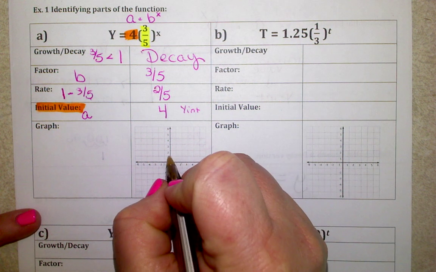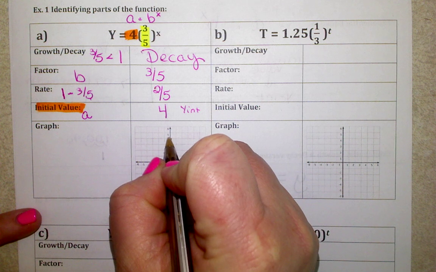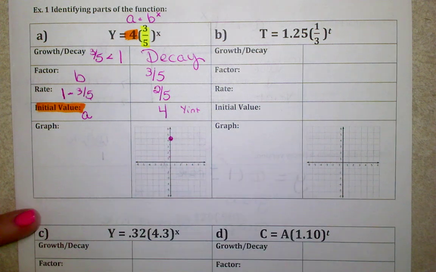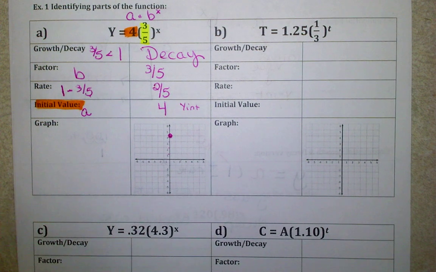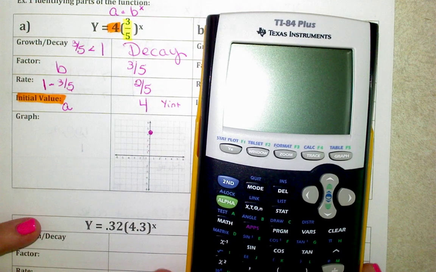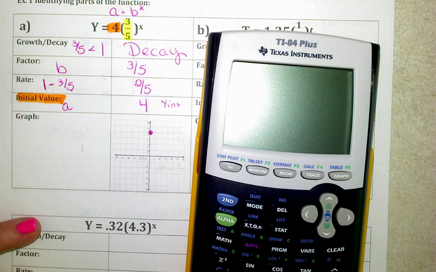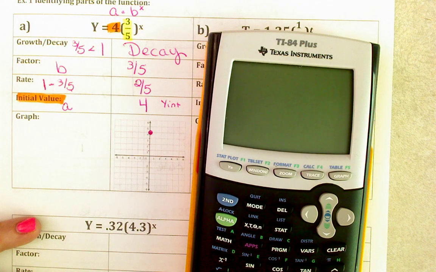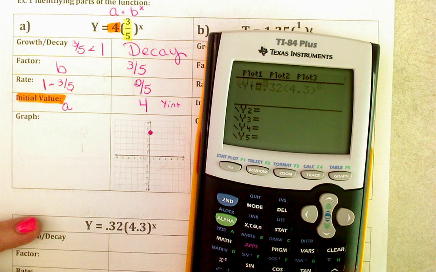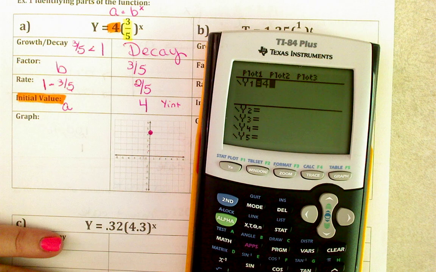At 4. So 1, 2, 3, 4. I'm going to go ahead and put my point right there because I know that's the y-intercept. So I'm going to graph this. I've got 4 times 3/5 raised to the x.